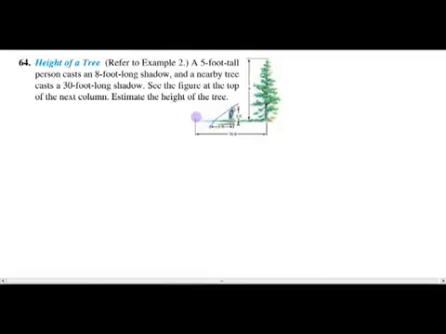There's a triangle here, and then this shadow is causing a triangle there. So we have these two triangles. If you want to go ahead and redraw them, we have a 5 and an 8 for the person, and for our tree it's causing a similar triangle because the sun is falling at the same angle for the shadow. We have a 30-foot long shadow, and we need to know what the height of that tree is.